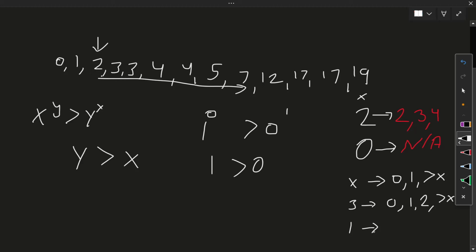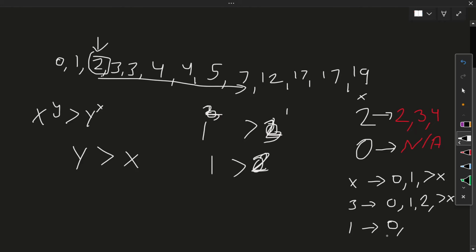So for 1 we have value 0. What about 2? If y is 2, actually I missed 1, because 1 is not correct, we know. So what about 2? Here it is 2 and here it is 1. So 2 is not correct, although it is greater than x, but for 1 this is not correct. What about 3? 3 is not correct. What about 4? 4 is not correct.